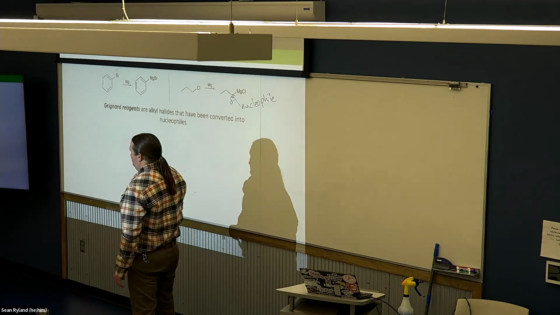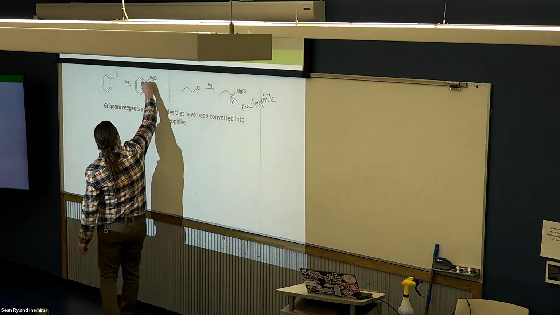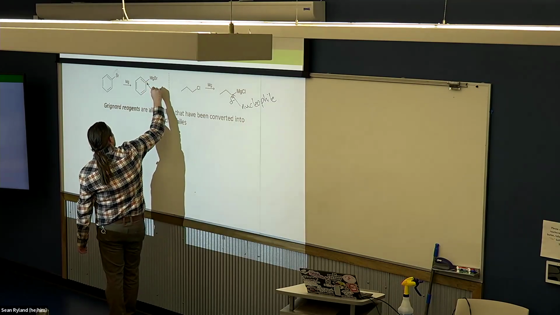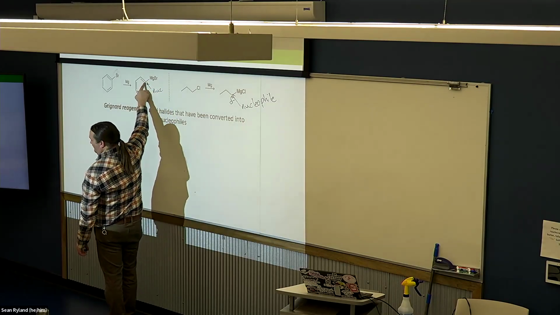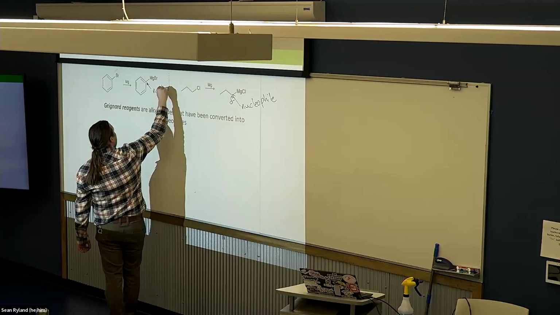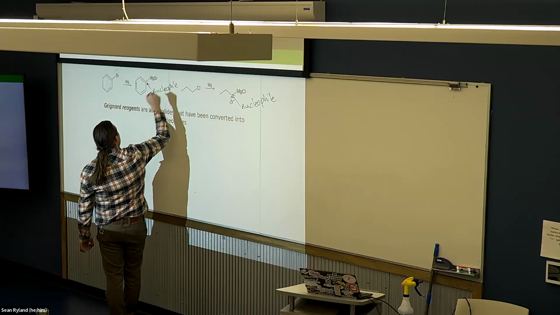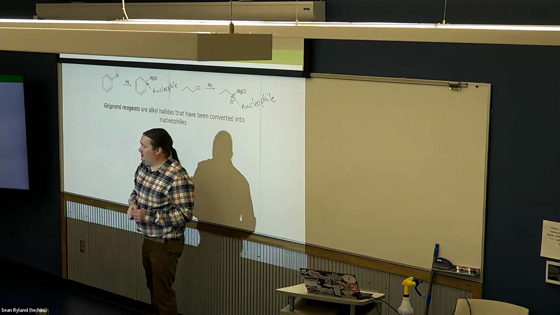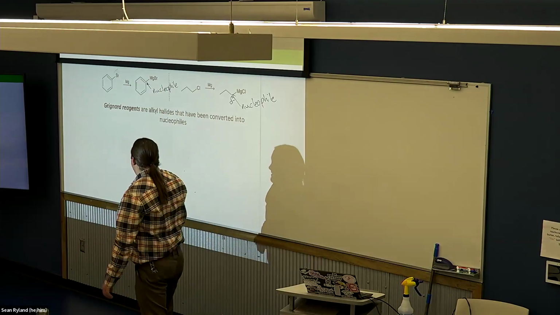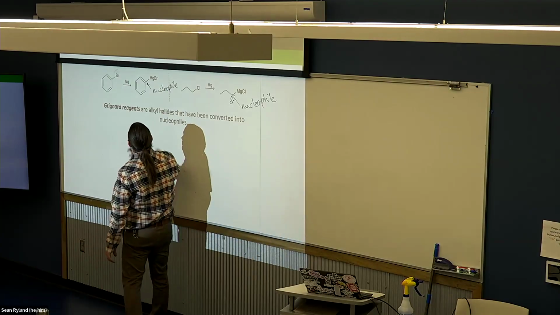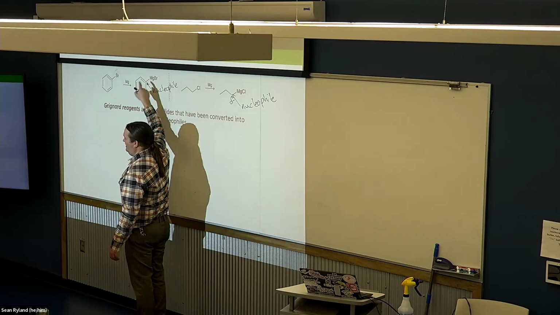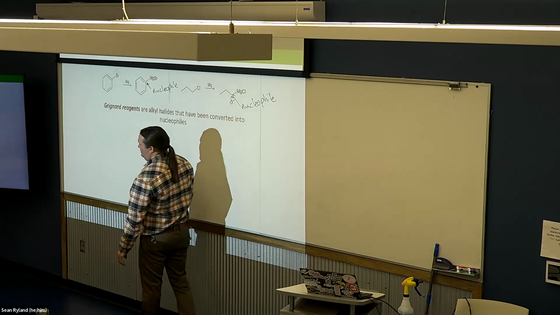Same on the rings. This carbon gets a partial negative now, which makes it a nucleophile. I guess the carbon is a good leaving group because it gets the electrons, it kicks the magnesium off as a positive charge.